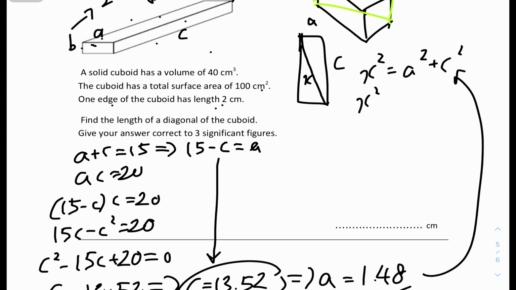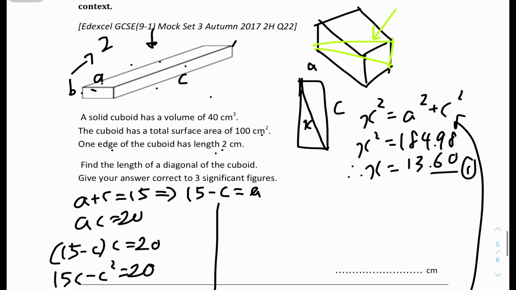So x squared equals 13.52 squared plus 1.48 squared, which is 184.98. Therefore, x is the square root of that, which is 13.60, basically.